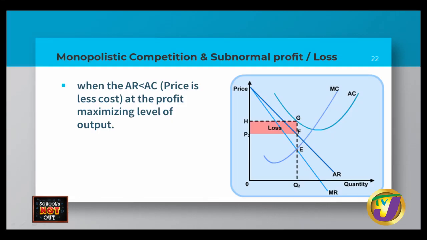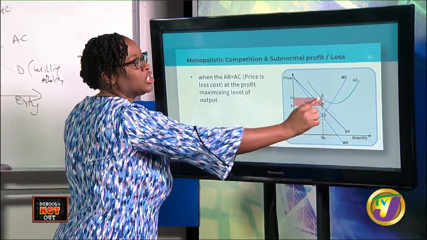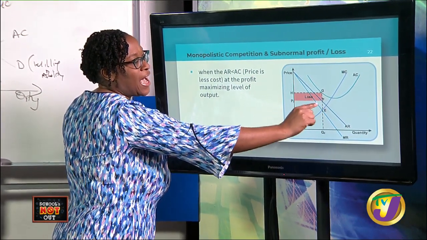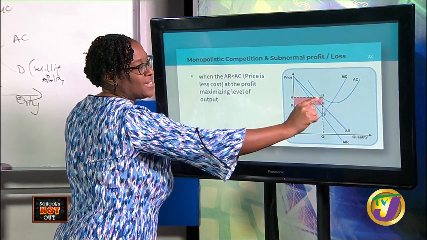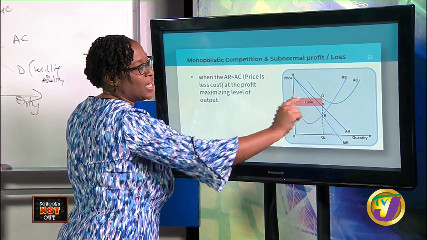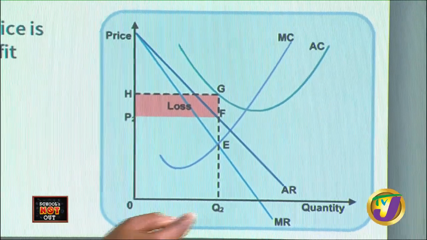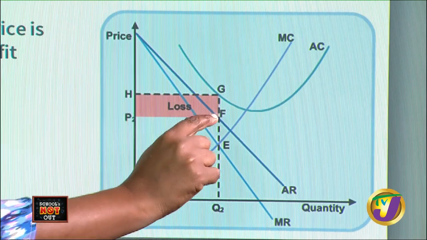A loss, similarly, will occur when the price is less than the cost of producing that level of output. So if you look on the diagram here, you'll see that your average cost curve is higher than your selling price. So at H, this is the cost of producing that level of output, and this is your selling price.